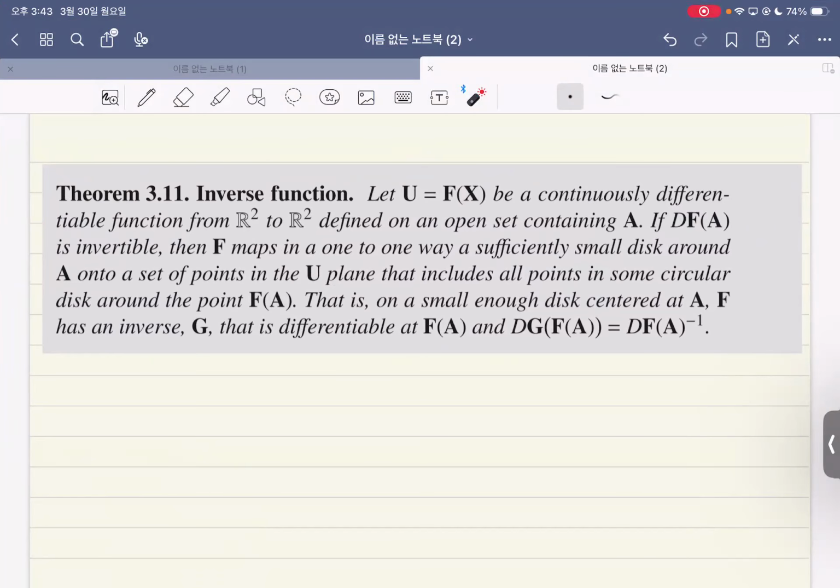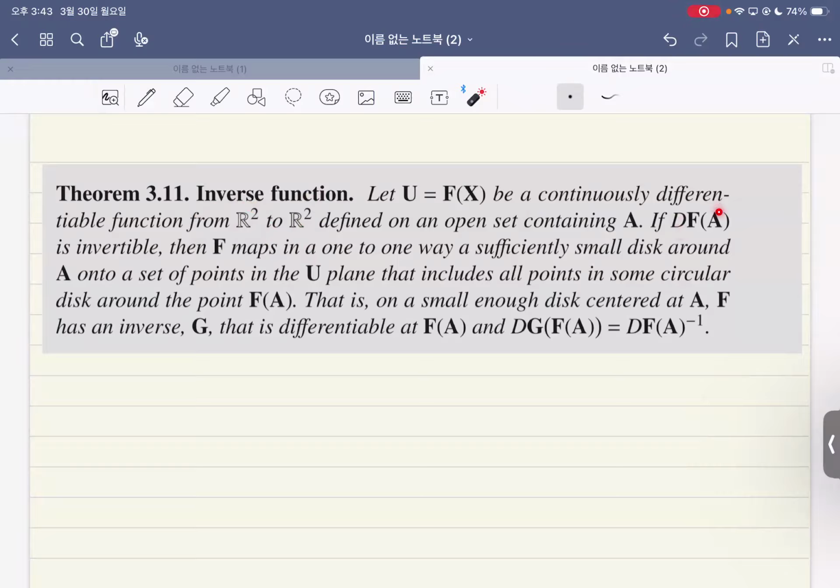I have a continuously differentiable function F from R2 to R2. So it is a two variable, vector valued function. The dimension of the domain and the dimension of the codomain must agree.